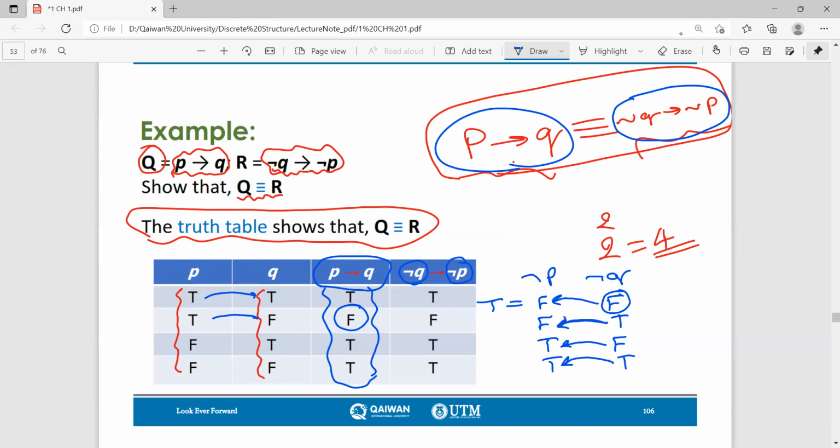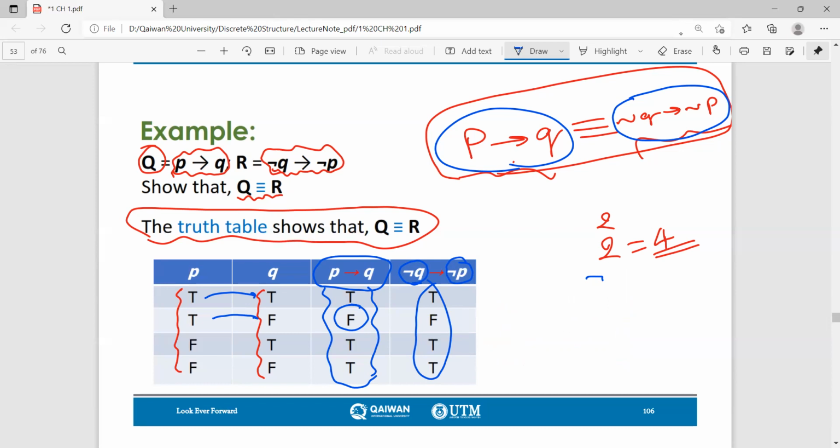True, then false: the first one is true, the second is false, so it's false. This is true, and this is true. Look, we get true, false, true, true. You can even write down only the table which is given. Look, we got true, false, true, true. As you see, we got the same.